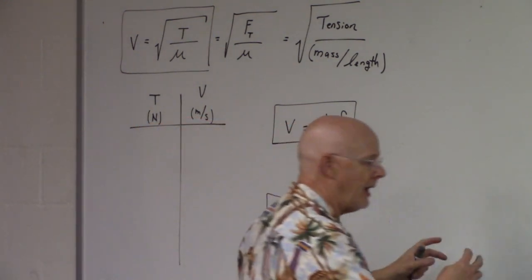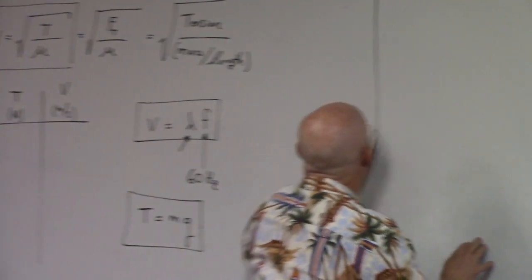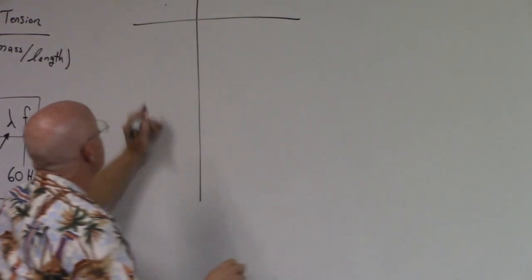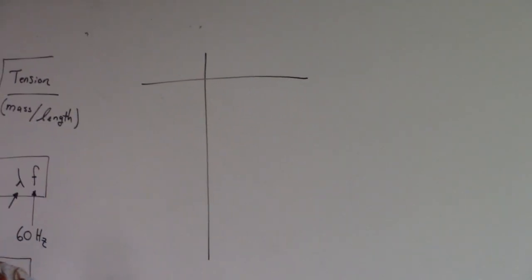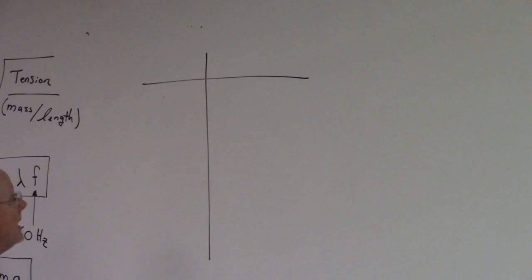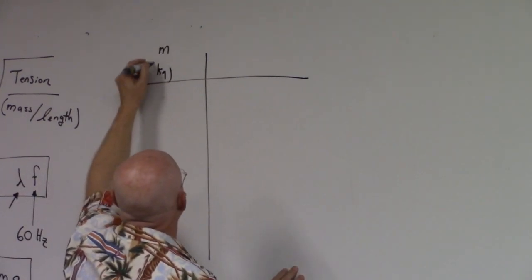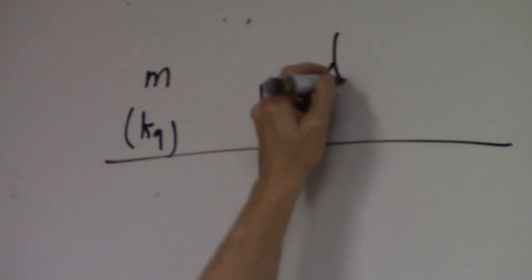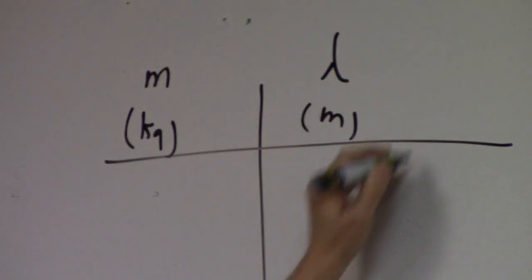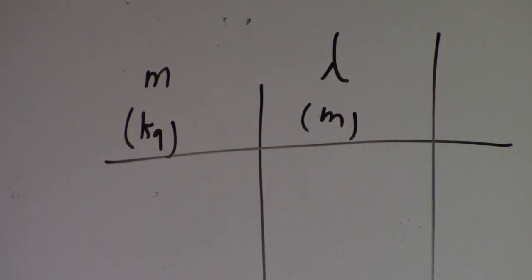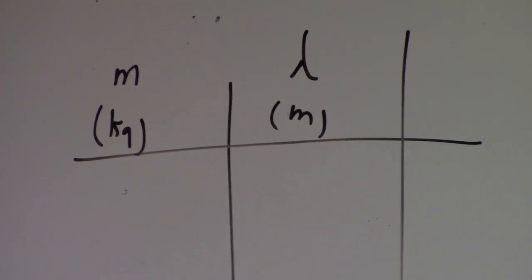So let me put a big table here on the board, because what I'm going to actually measure with you in a few minutes is the mass in kilograms that I am hanging, and also the wavelength in meters that results when I actually make the waves and make a measurement.